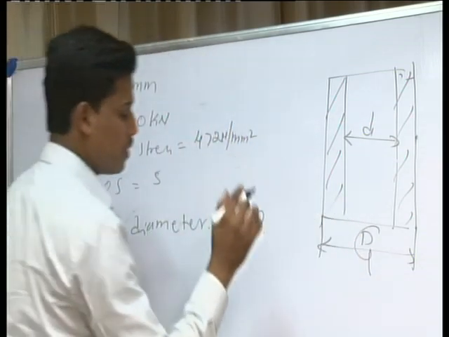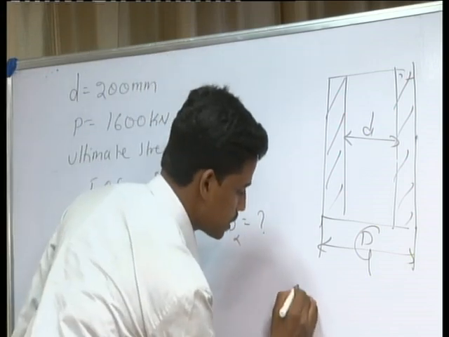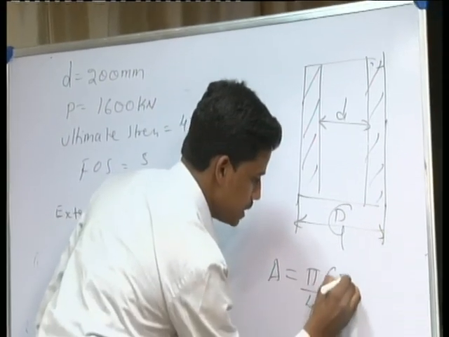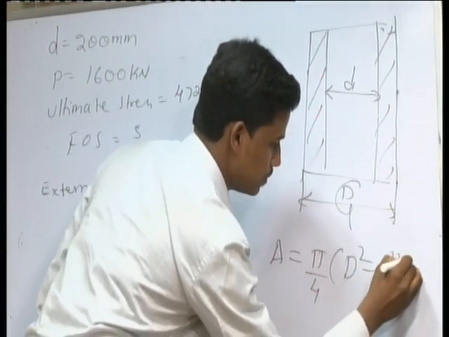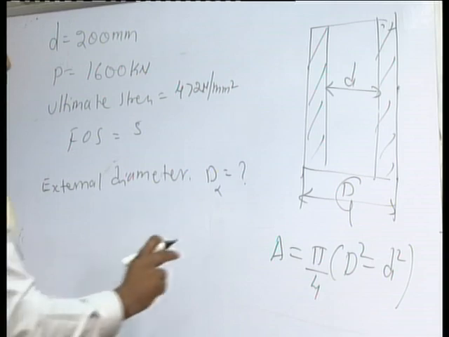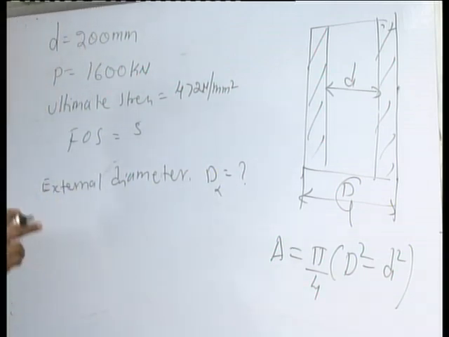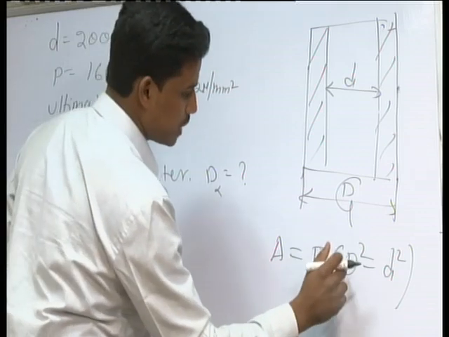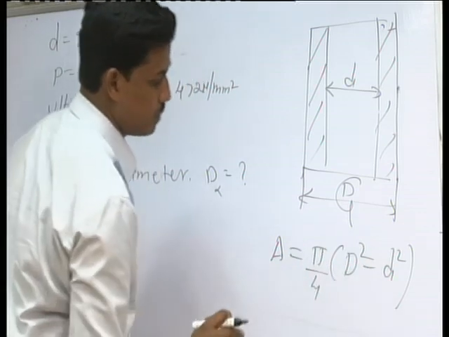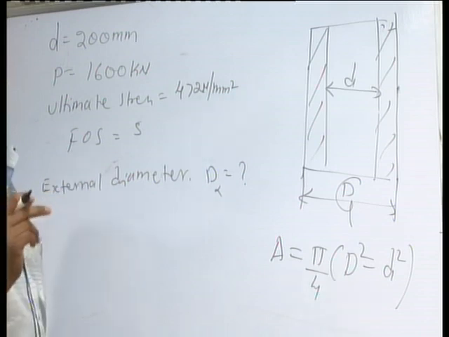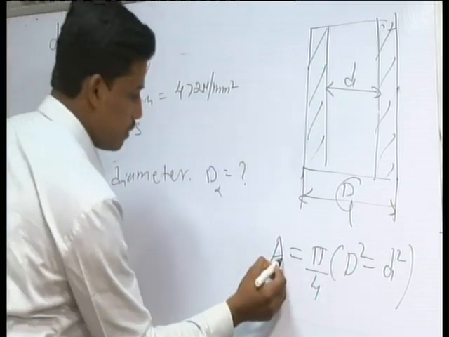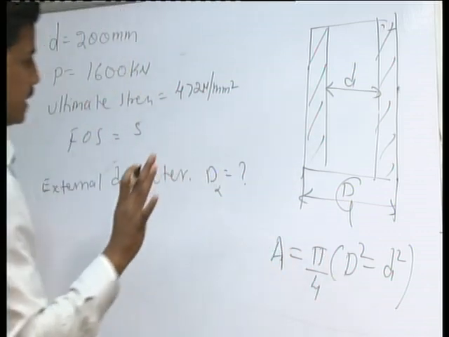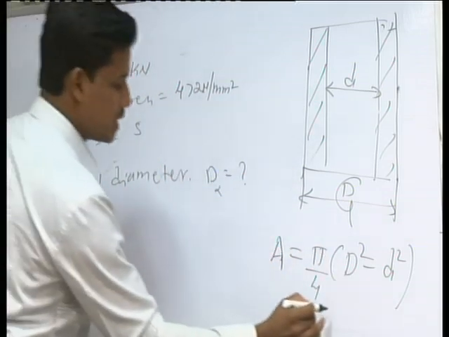The formula for this column is pi by 4 into D square minus small d square. The area of a circular section is pi d square by 4, but because it is hollow, we have to subtract the smaller area from the larger area. So we will get the external diameter from the area, so we need to find the area.